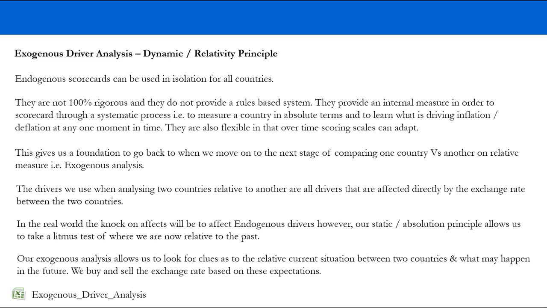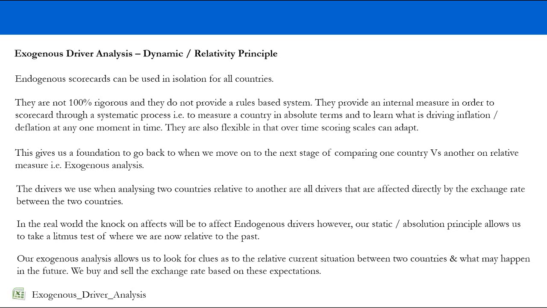And the drivers we use when we're analyzing two countries relative to another are all drivers that are affected directly by the exchange rate itself between the two countries. Now, in the real world, the knock-on effects will be that the drivers will somewhat affect the endogenous drivers.